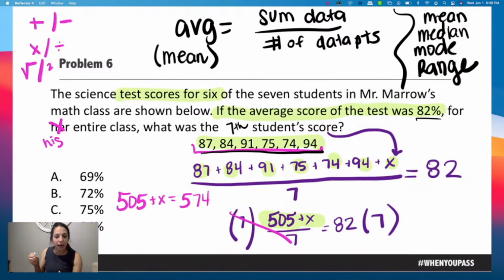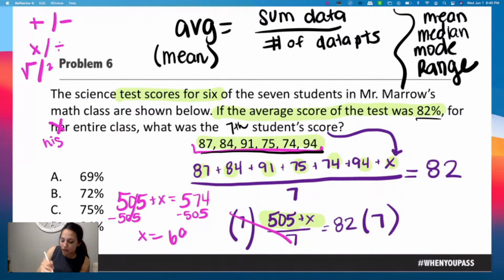And now I can just subtract. Subtract 505 from both sides. And X equals 69. So that 7th student got a 69 for the average to be an 82.